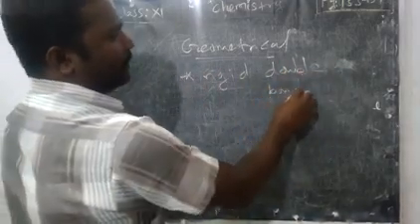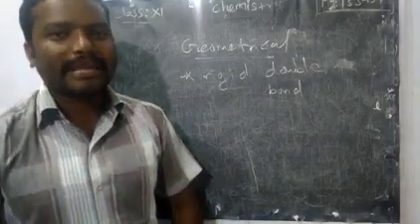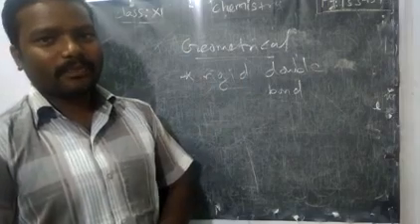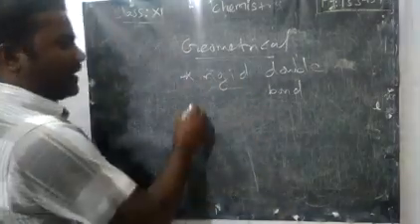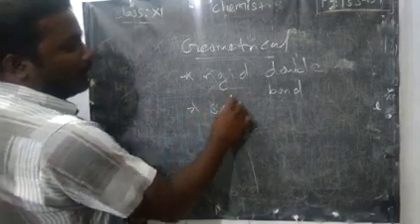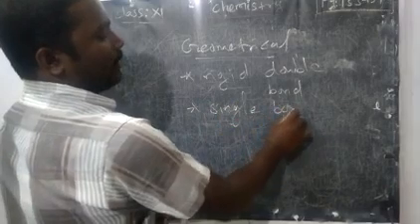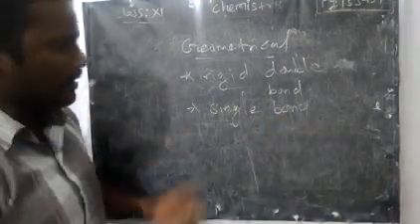Listen carefully. Geometrical isomerism mostly takes place in double bonded compounds, okay? Because it may not rotate. Rarely it takes place in single bond also, but not favored for all compounds, okay? That exception also we will see.